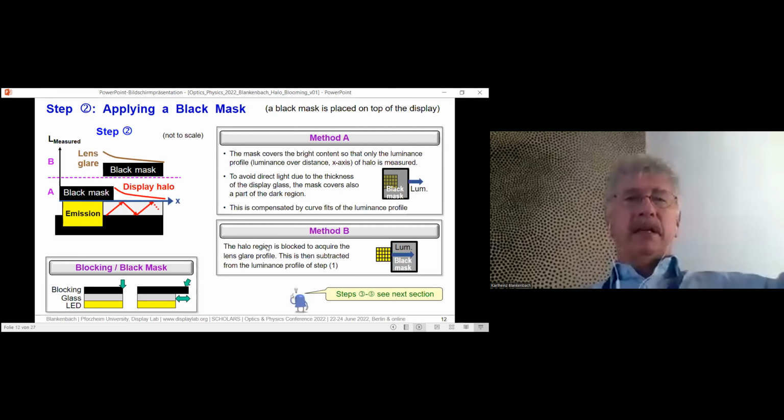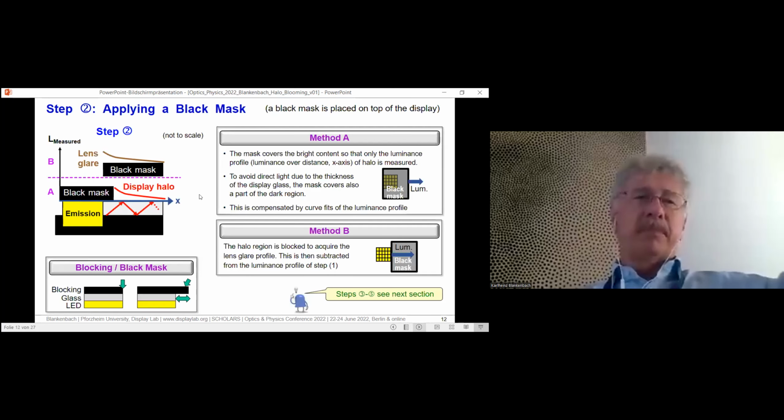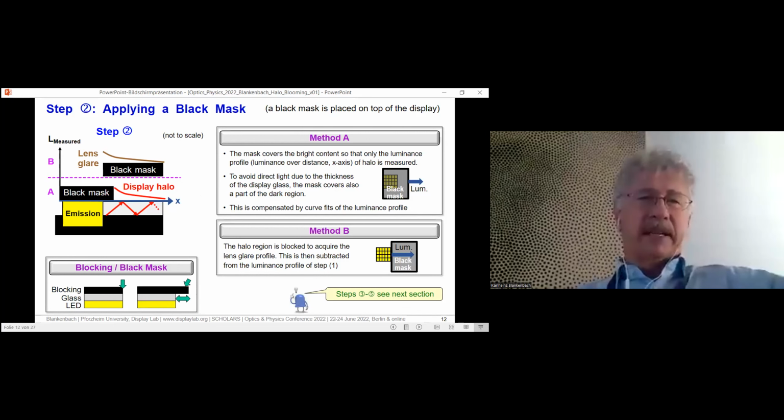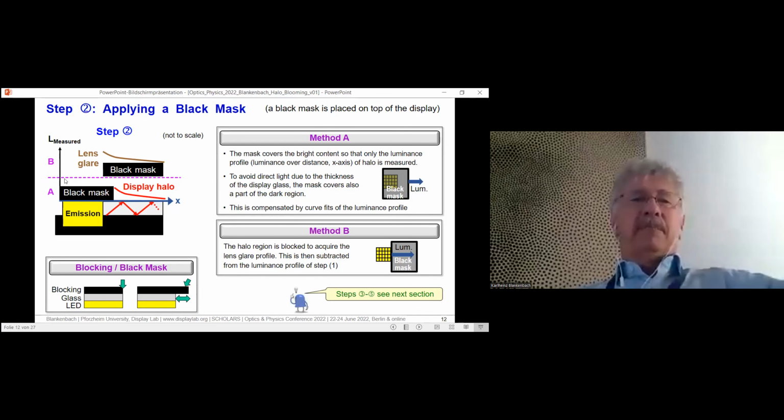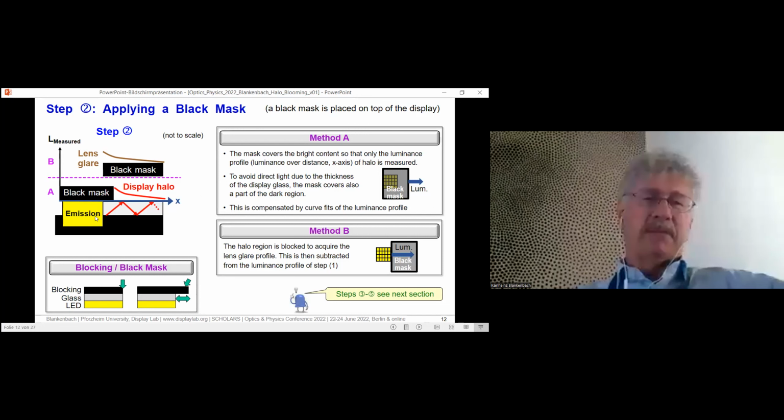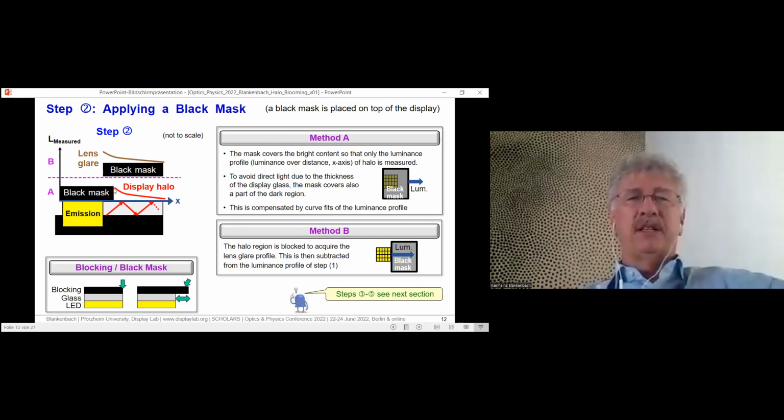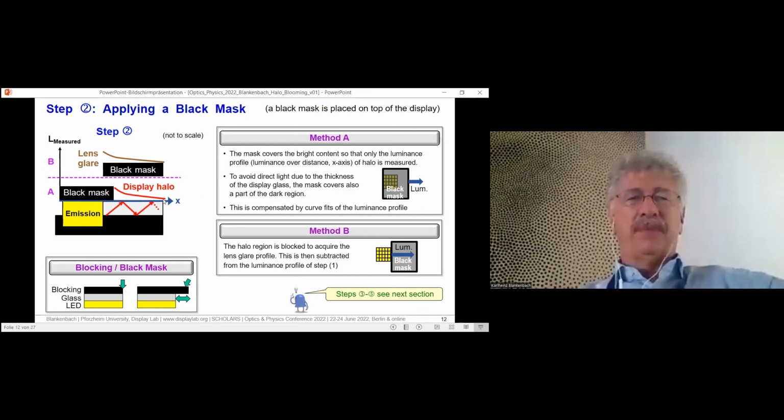In the second step, a black mask comes in to get rid of the lens glare effect. In method A, we now block the emitting pixels, the bright pixels, with a black mask, and so we are able to measure halo directly.